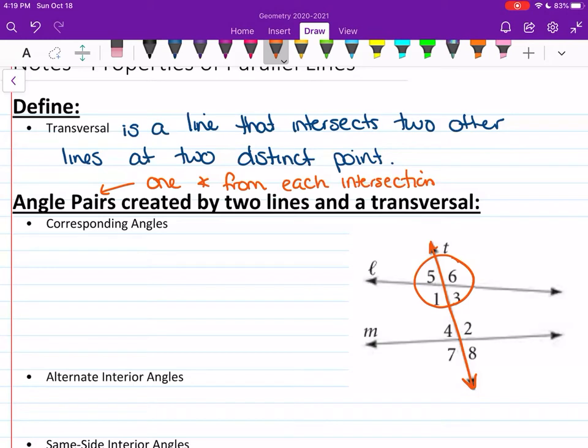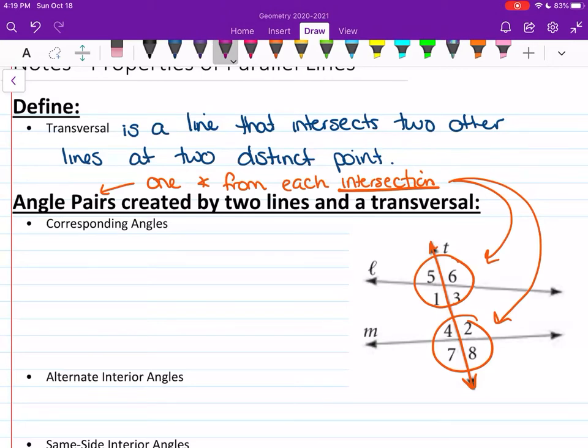Angles 1, 3, 5, and 6 happen at one intersection, and angles 2, 4, 7, and 8 happen at another intersection. So when I talk about the intersections, I'm talking about this intersection and this intersection. So we're going to talk about special angle pairs among those.